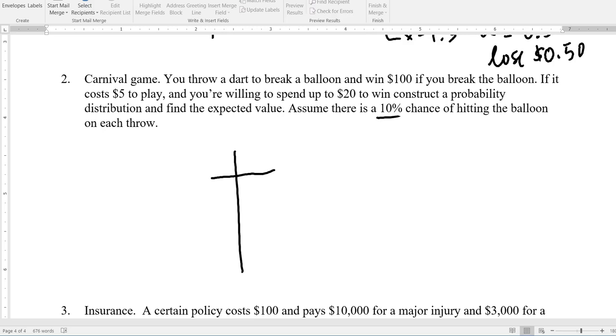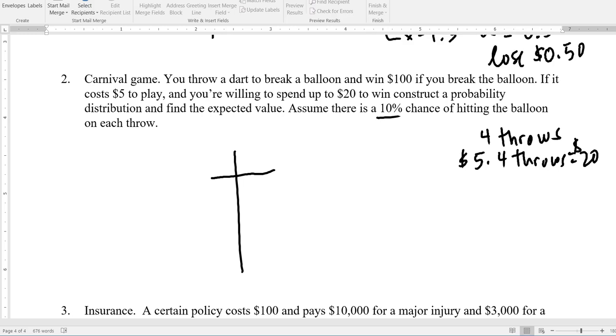Well, I'm going to throw it how many times? 4 throws. How do we know that? Well, $5 times 4 throws is the $20 that we have to play the game. Take the $20 divided by the 5, we got 4 throws, right?